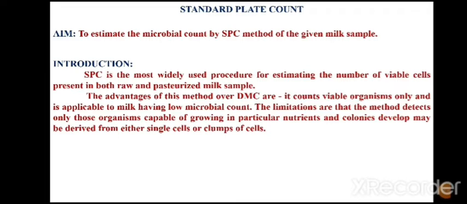Now we'll be learning about DMC later on, but the advantage of standard plate count over direct microscopic count is that standard plate count is useful for the counting of viable organisms only, whereas in case of direct microscopic count we count both viable as well as non-viable microbes. So that is the disadvantage of direct microscopic count.